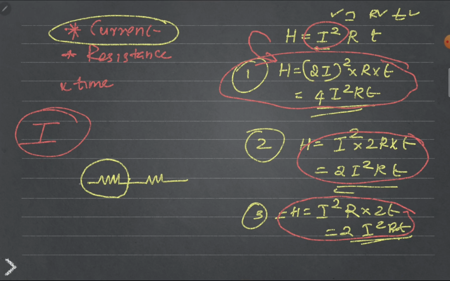Do not forget this. If two wires are connected in series, the one with higher resistance produces maximum heat energy. If two wires are connected in parallel, the one with lower resistance produces more heat energy.